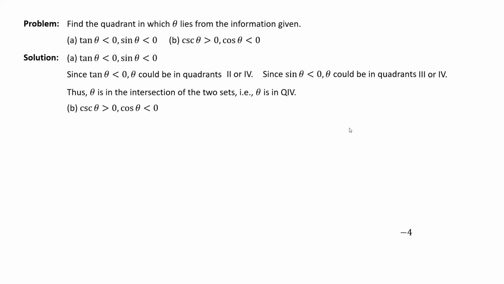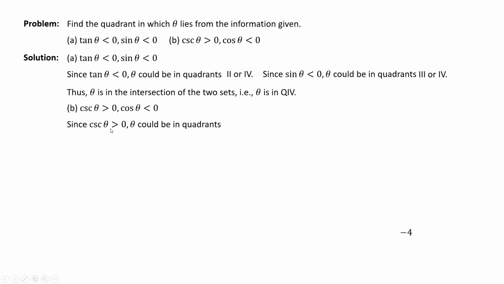Cosecant theta is greater than 0, cosine theta is less than 0. Cosecant is greater than 0, that means sine is also greater than 0. Sine is positive, but cosine is negative.